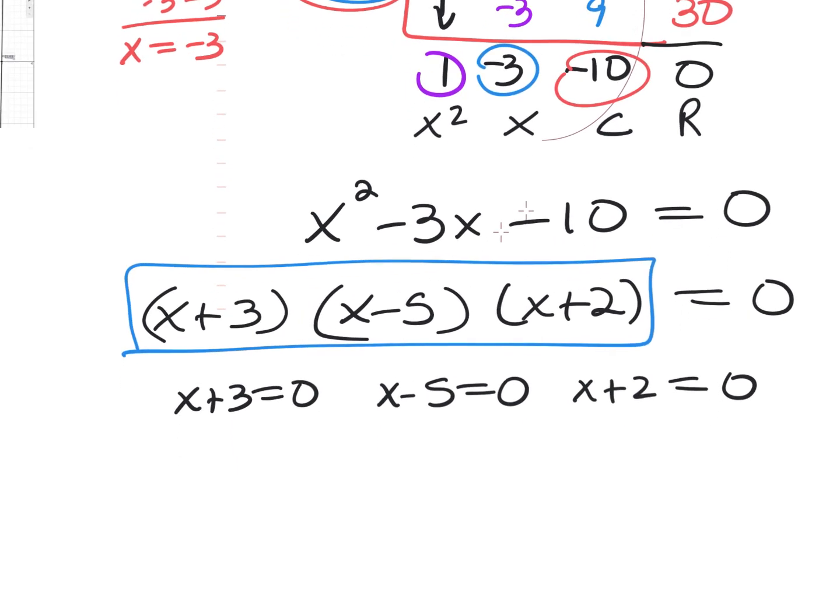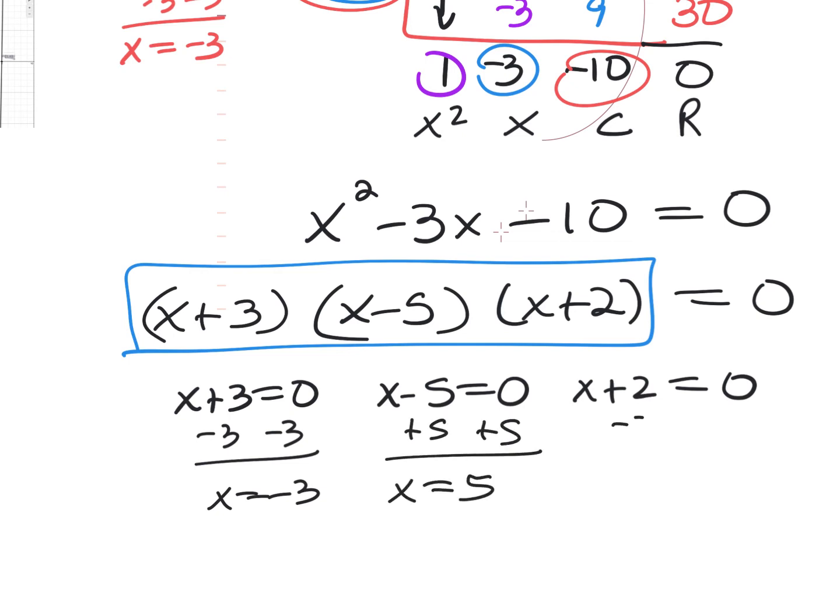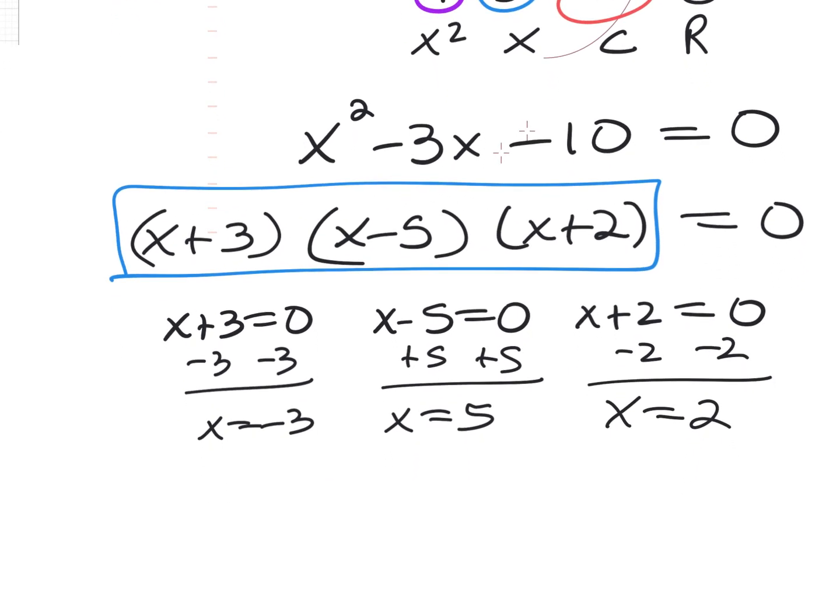So then now what we're going to do is subtract. X equals -3. Add the 5. Subtract the 2. X equals -2. So in WebAssign, you would enter it as -3, -2, 5.